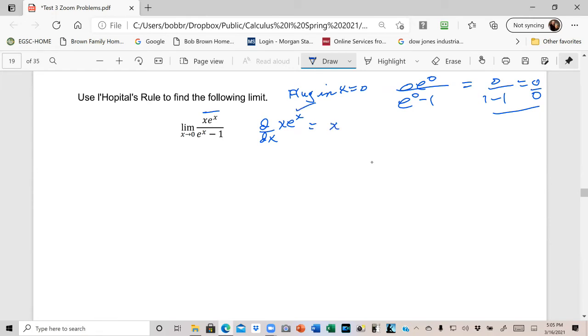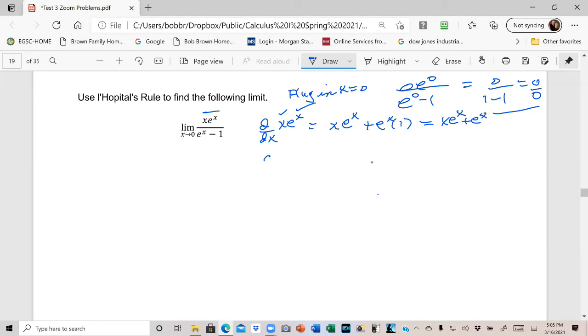The derivative of the second is e to the x plus the second, which is e to the x, times the derivative of the first. Derivative of x is 1. So we get x e to the x plus e to the x.